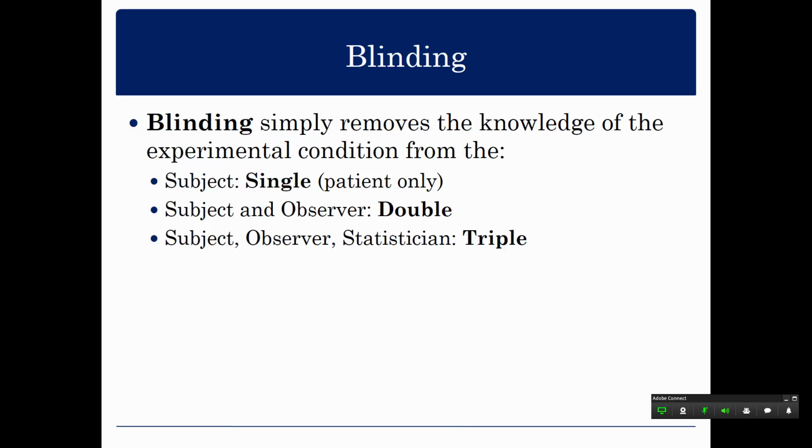And then a triple blind, which you don't see as often, but I think is very interesting, is where not only are the patient and the physician blinded, but the person doing the data analysis is blinded to which treatment is which. This is a nice blind to put into place, as we'll see next week when it comes to all of the different things that can affect what we're doing from a data analysis perspective.